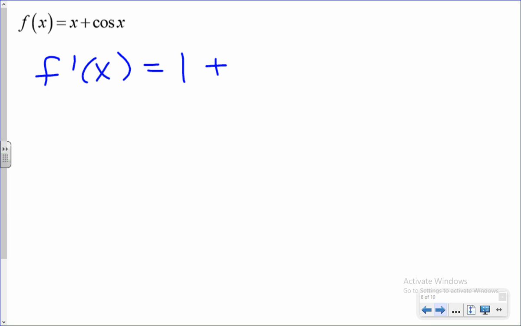What is the derivative of cosine? I'll let you look again. You back where you wrote it down. I just have this cosine sine of x.